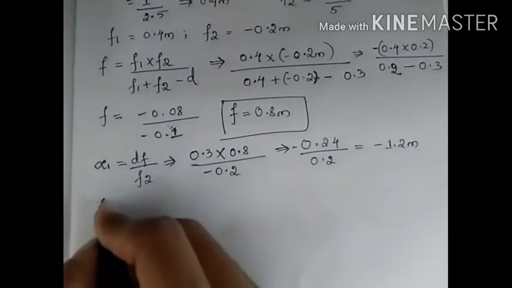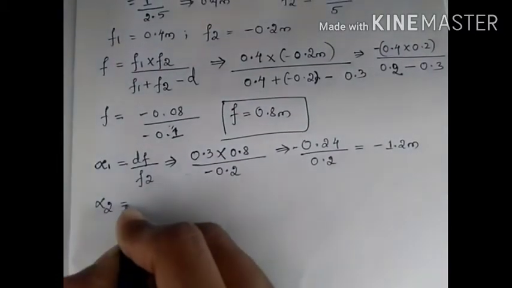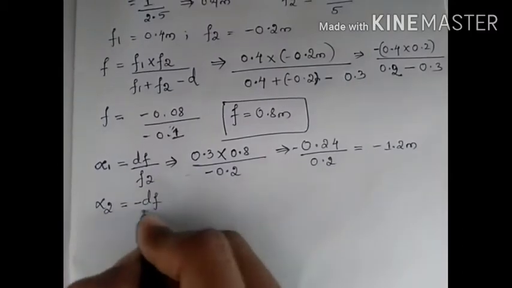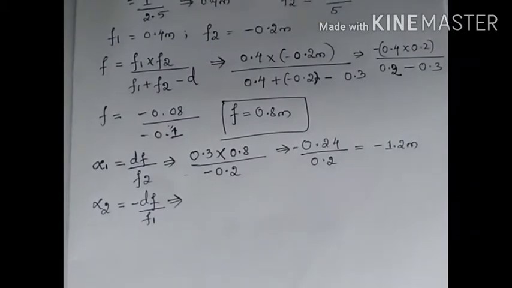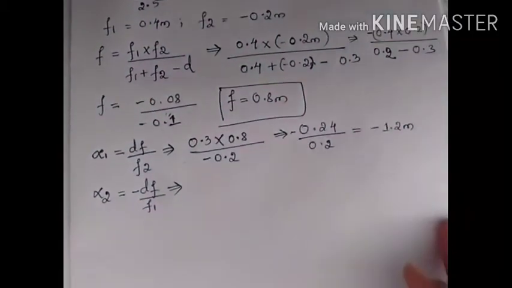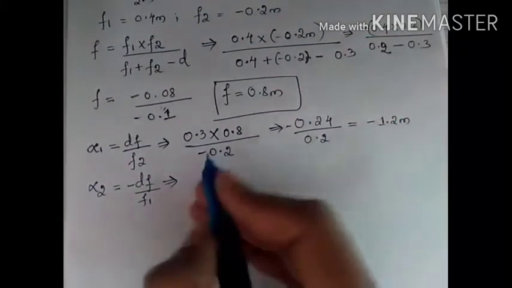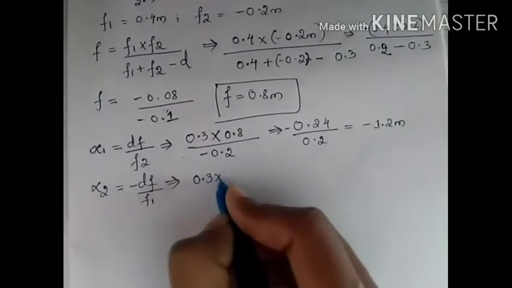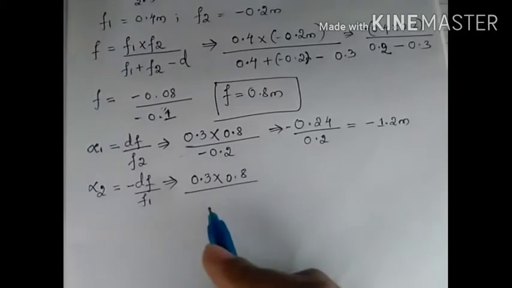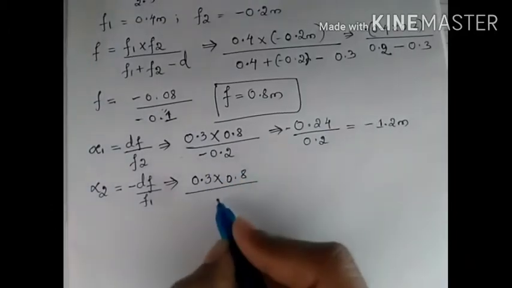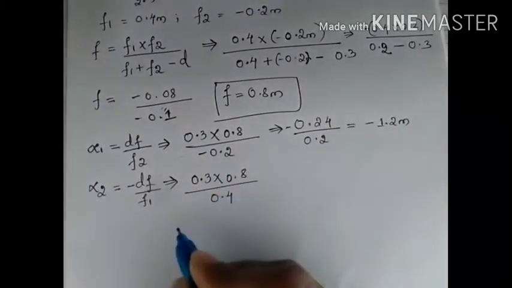Now let us find alpha 2. Alpha 2 uses the same formula: alpha 2 is minus dF by f1. We know D is 0.3 and F is 0.8, divided by the focal length of the first lens, which is 0.4 meters.